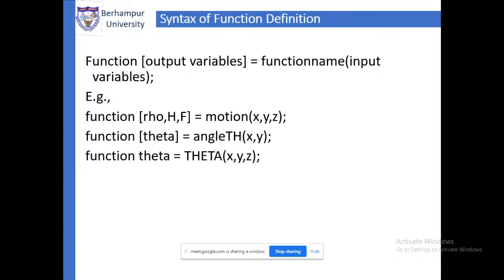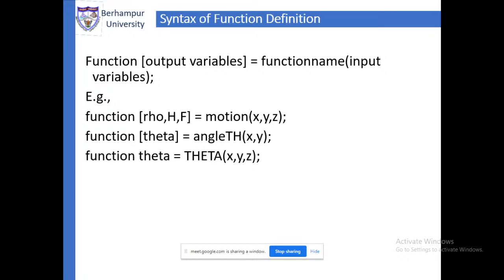Then you can also write function theta, same thing. The line above this shows you function theta. This line also shows you function theta. Now the difference between these two is there is no square bracket on this second line, third line.